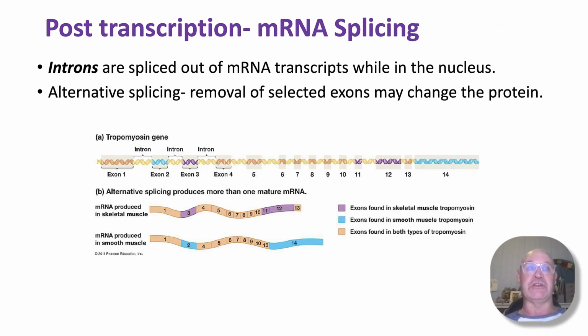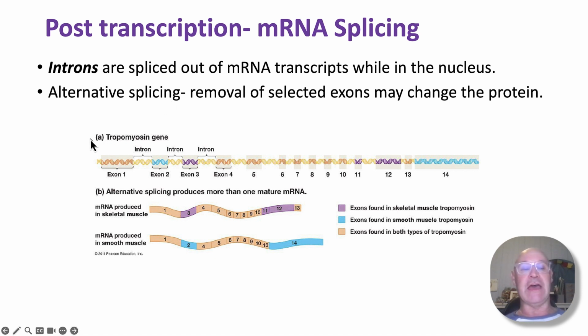After transcription, there's another opportunity for regulation. And so one of the things that happens is that the introns, that non-coding part, is spliced out. So it's snipped out and joined back together. But also there's an opportunity for alternative splicing in some cases.